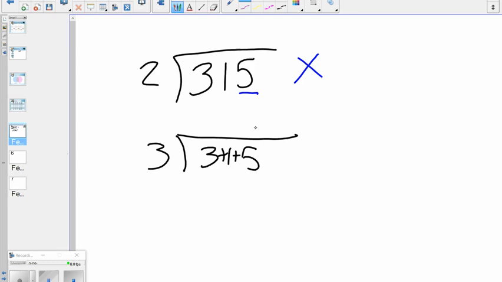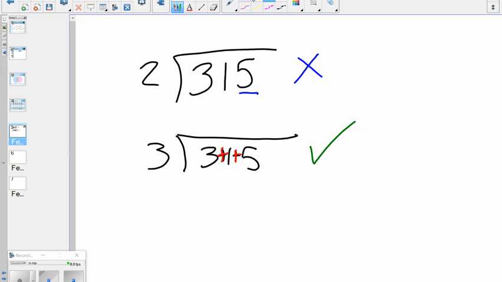Okay, so I'm just adding up my digits. Adding up, that equals 9. Okay, is 9 a multiple of 3? 3, 6, 9, yes it is, which means that 3 will go in evenly. Okay, this will not have any remainder. It will go into 315 completely evenly.